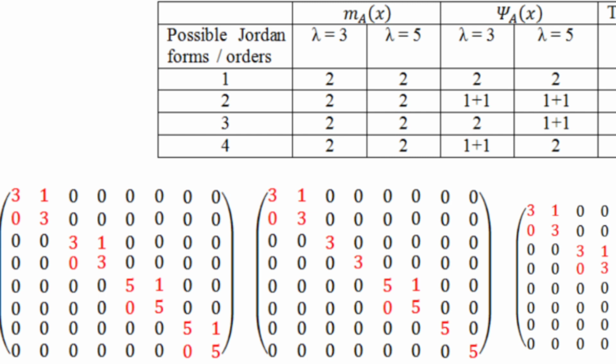You take the first one. With respect to the minimal polynomial m A of x, lambda equal to 3, we have formed a Jordan block of order 2. Order 2 means we take the eigenvalue lambda equal to 3 and frame along the diagonal entries 3, 3, and above the diagonal entry you write 1.